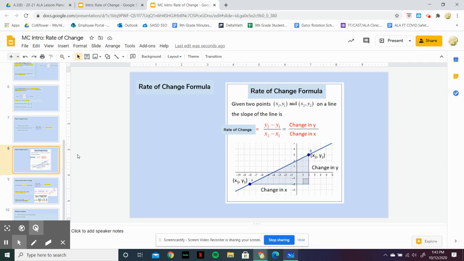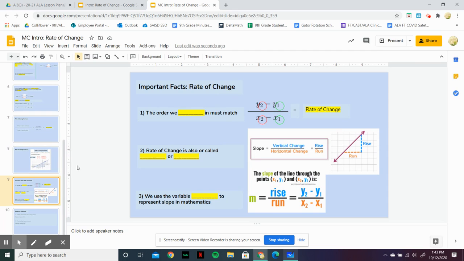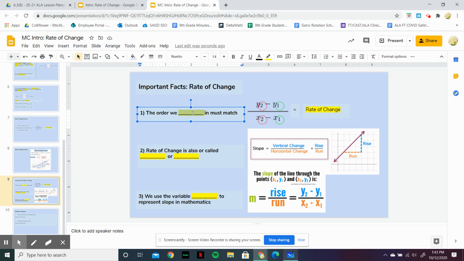So now that we have the definition for rate of change and the formula for rate of change, let's talk about a couple important facts to remember. The first thing, and quite possibly the most important thing, is the order we subtract in must match. And what I mean by that is, if you look at our formula, we always subtract y2 minus y1 and then subtract x2 minus x1.